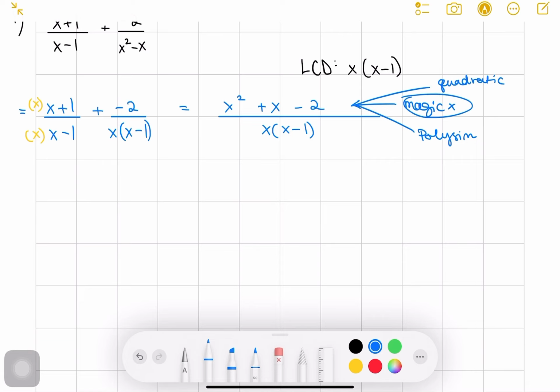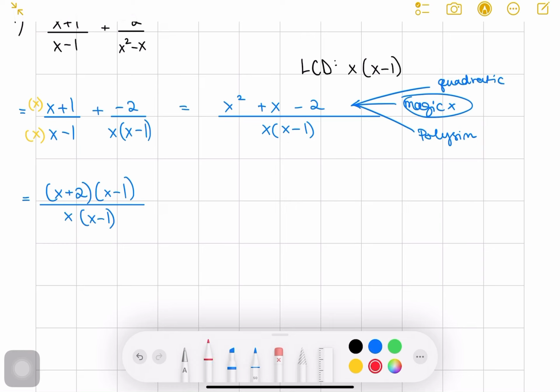But in my opinion, magic x and mentally factoring is the easiest. So we're just going for two numbers that multiply to minus 2 and add up to positive 1, which are going to be x plus 2 and x minus 1. And you put that over our common denominator, which was x times x minus 1.